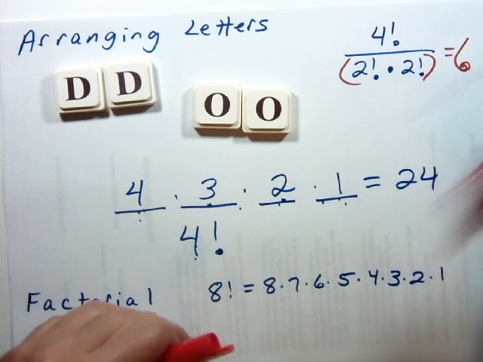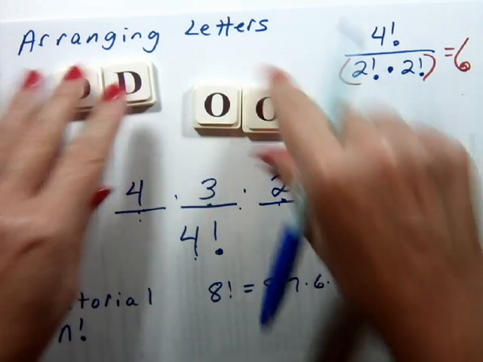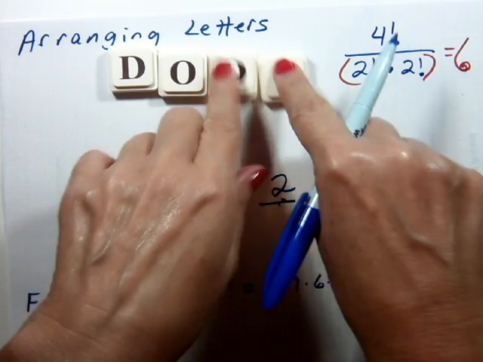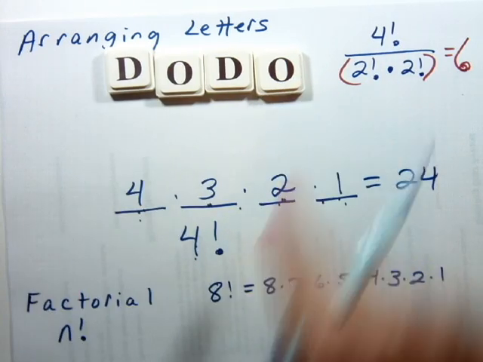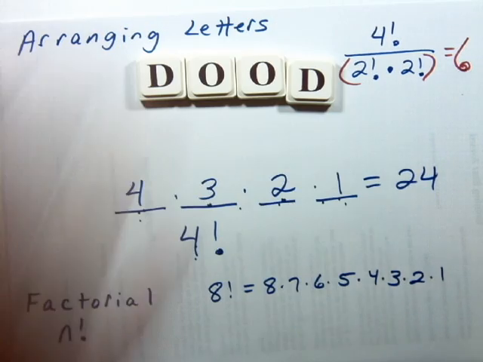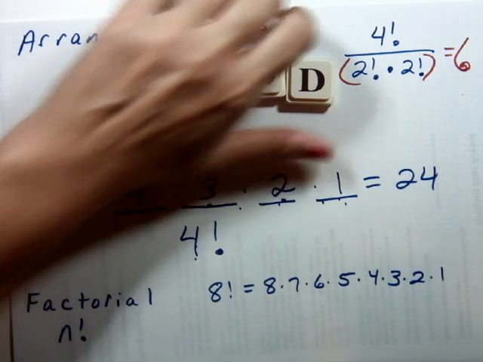If you actually do this, here are our 6. There's 1. There's 2. There's 3. And there's 3 more. Okay, so you can look at that.